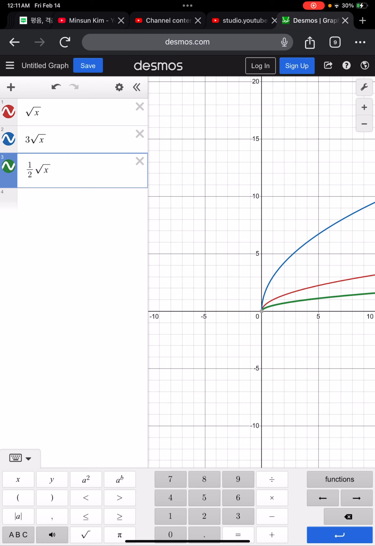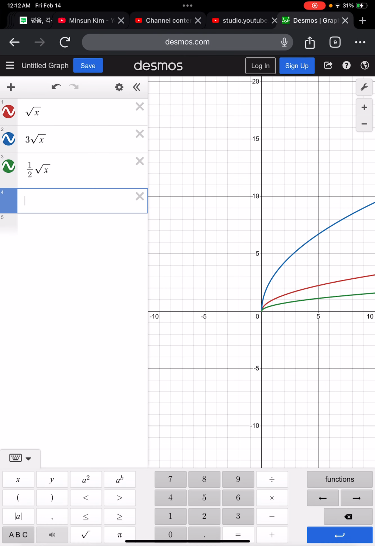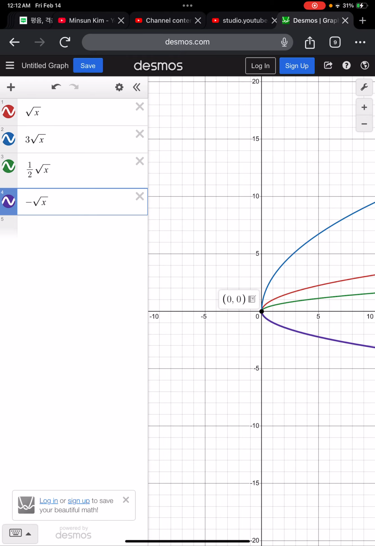So we describe it as compress, because your graph has been compressed, pushed down. I'm going to write that down. One more thing: when you have a negative sign, your graph flips. Same endpoint, but it has been flipped.